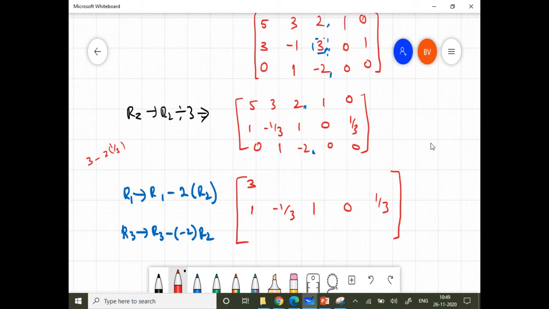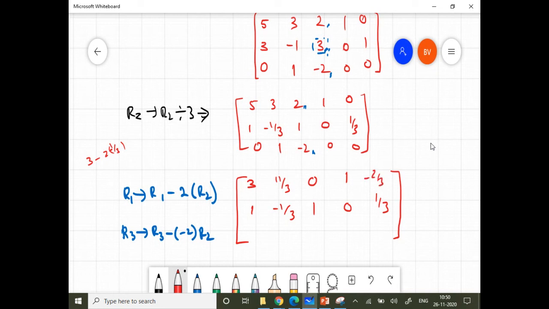R1 minus 2 times, so there is a minus 1 by 3. So this is plus. 9 plus 2, that is 11 over 3. 2 minus 2 will be 0. 1 minus 0, 2 times 0 will be 0. So 1, then 0 minus 2 times 1 by 3 will be minus 2 by 3.